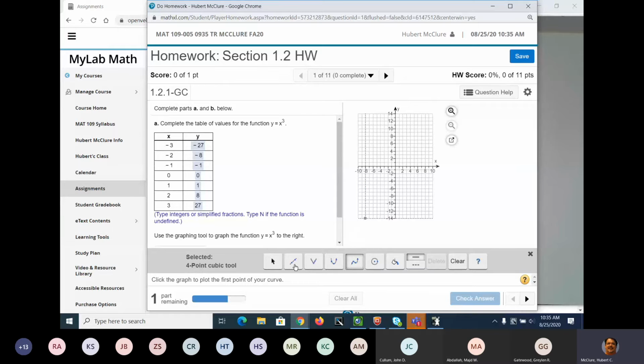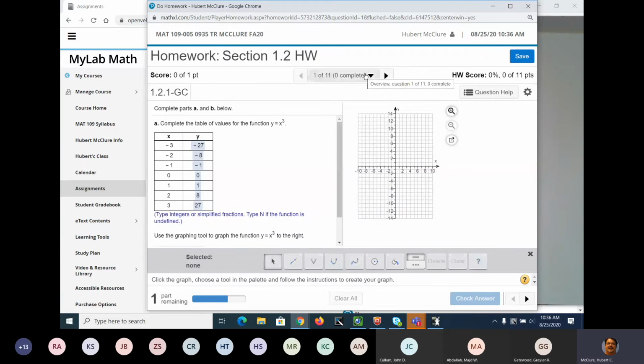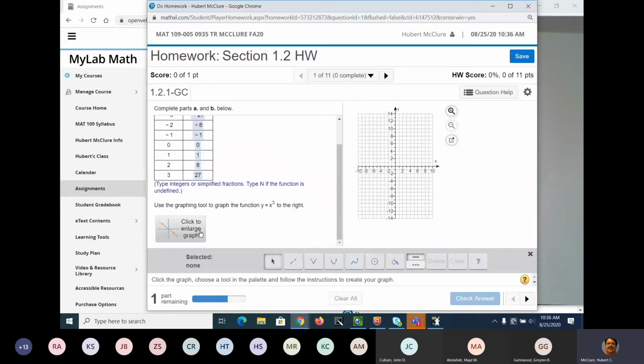Okay, I don't know what to tell y'all. I clicked the curve, but it's not doing what it needs to do. Let me try 0, 0, 1, 1, and 2, 8. For some reason, when I click on that, it uses a parabola. Let me go back and start over. I hope that doesn't happen to y'all.